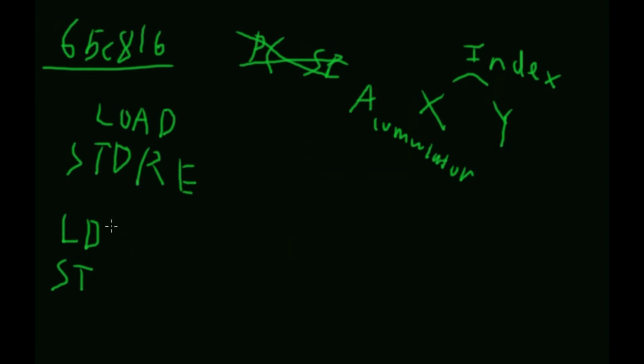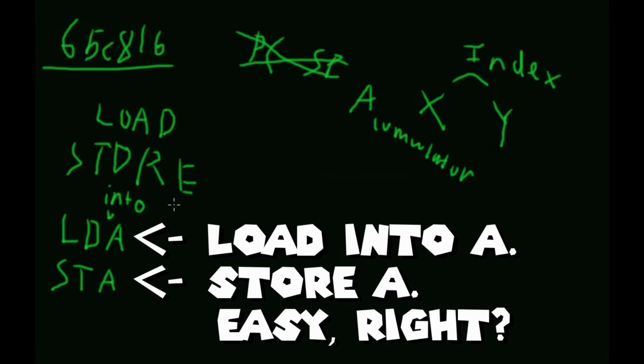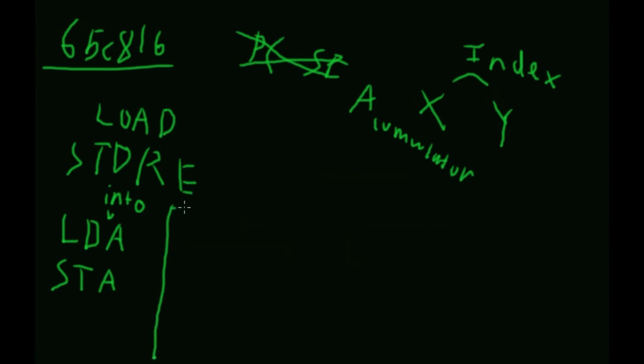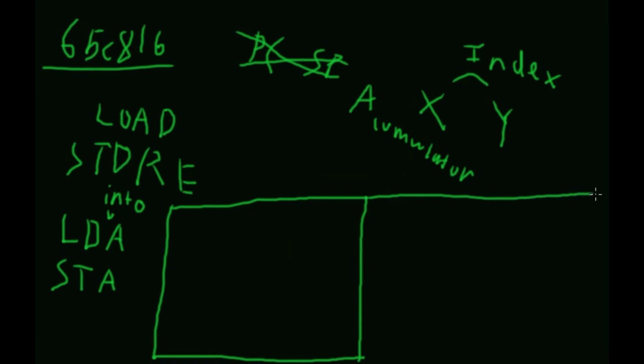So let's load into A. If I put load then A, it's generally assumed that "into" is in there. And if I hit A here, that's generally going to be store A. Over here in this section is going to be my code, or ROM basically. And over here in this section is going to be my RAM.